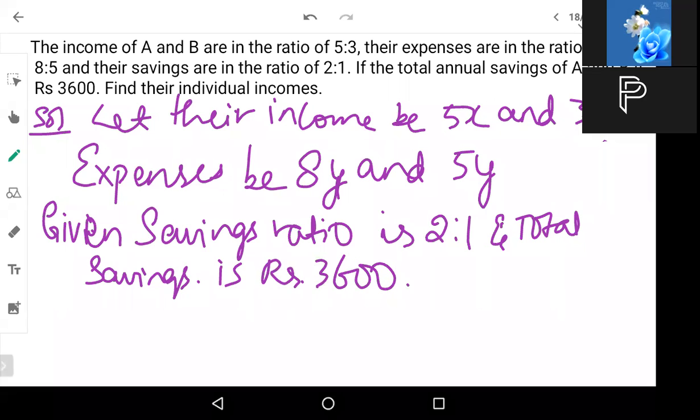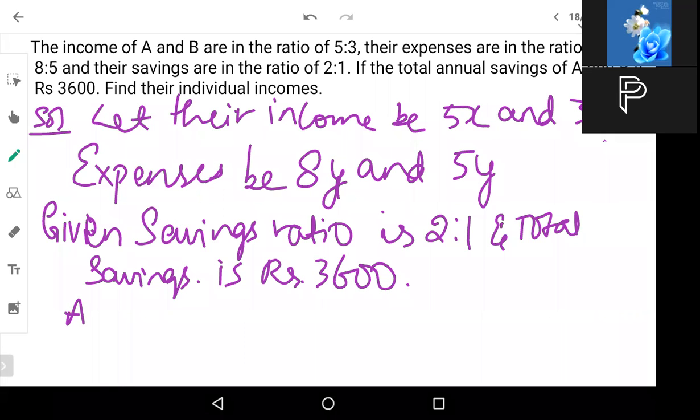So before applying that equation of savings is equal to income minus expense, let us divide this 3600 between A and B, which is in the ratio of 2:1. Okay, so what is the savings ratio? 2:1, and the total amount of savings is 3600.